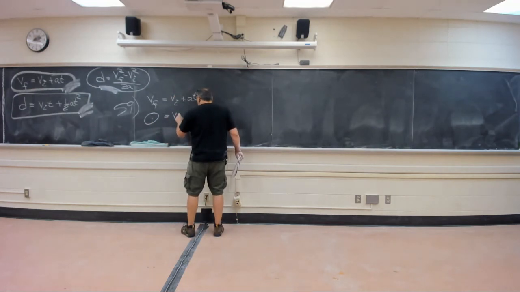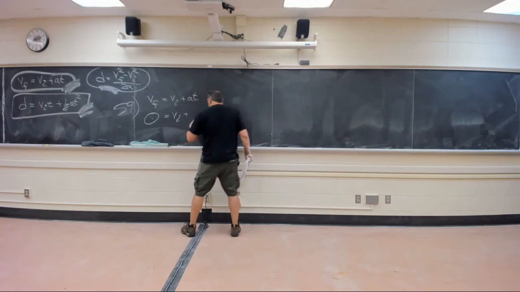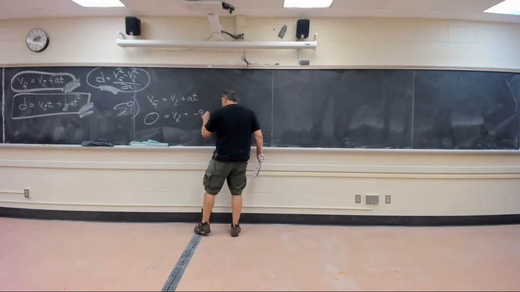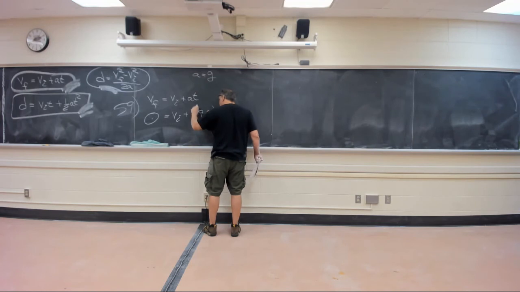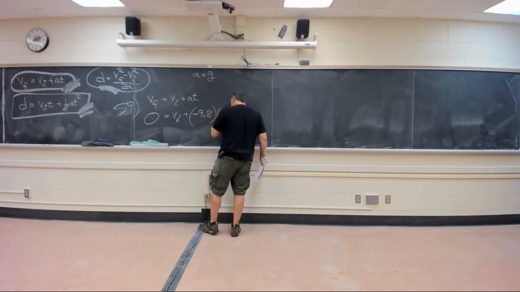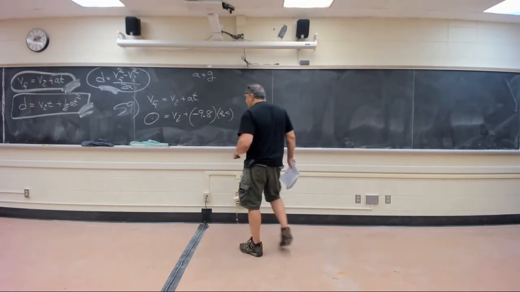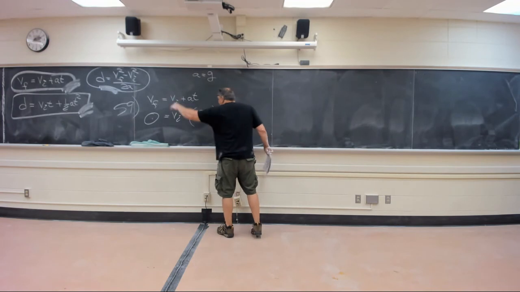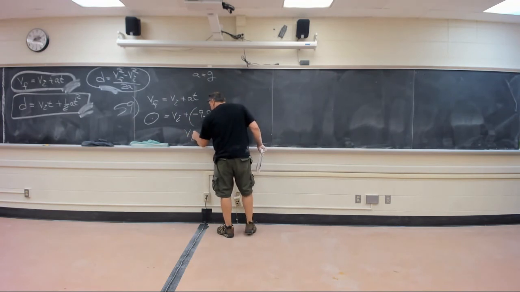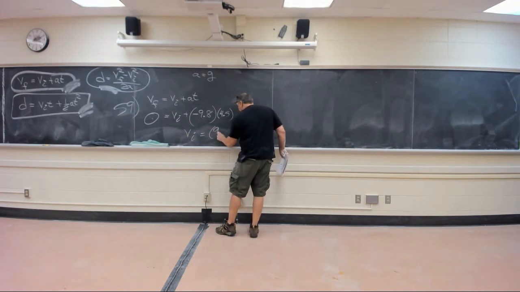Initially, I do not know how fast it was going, but I do know gravity was fighting it the whole time. A is equal to G. Multiply and get it over to the other side, or just add the opposite of it on each side.